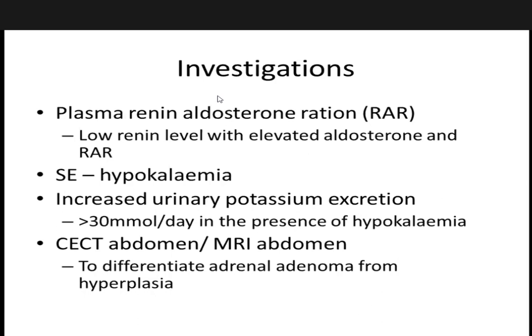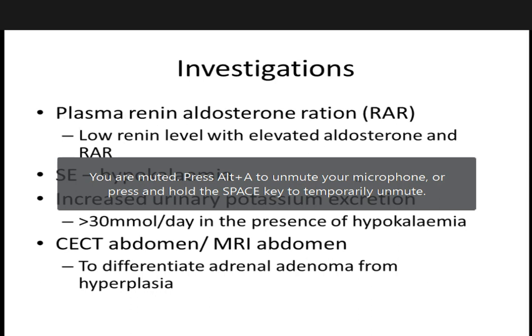Right. Then go for CT abdomen or MRI abdomen when you confirm the diagnosis of primary hyperaldosteronism, to differentiate whether it is due to adrenal adenoma or hyperplasia. You do imaging with CT abdomen and MRI scan of the abdomen.